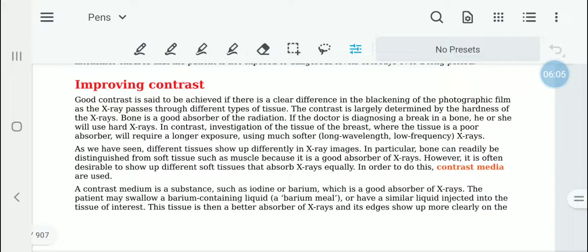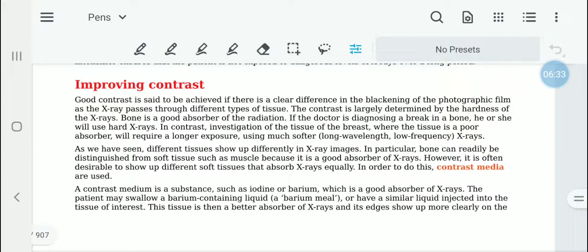If the tissues of the breast are to be seen, the tissues in the breast are really soft, and it's a poor absorber. It would require a long exposure, and that is not good.